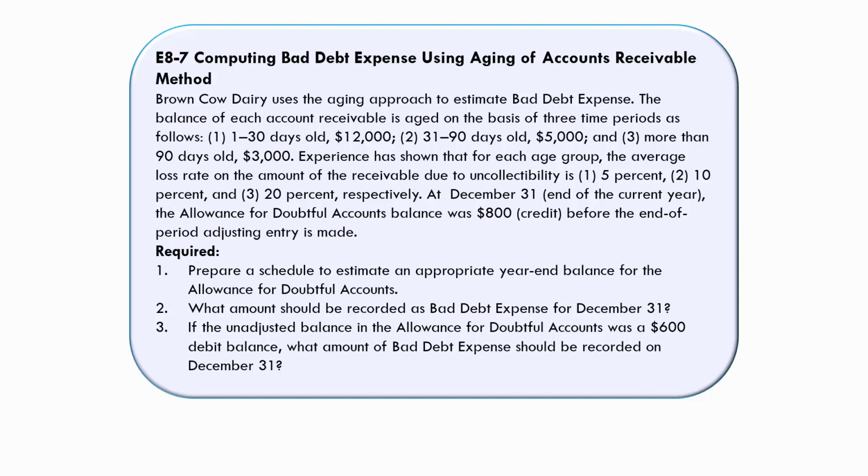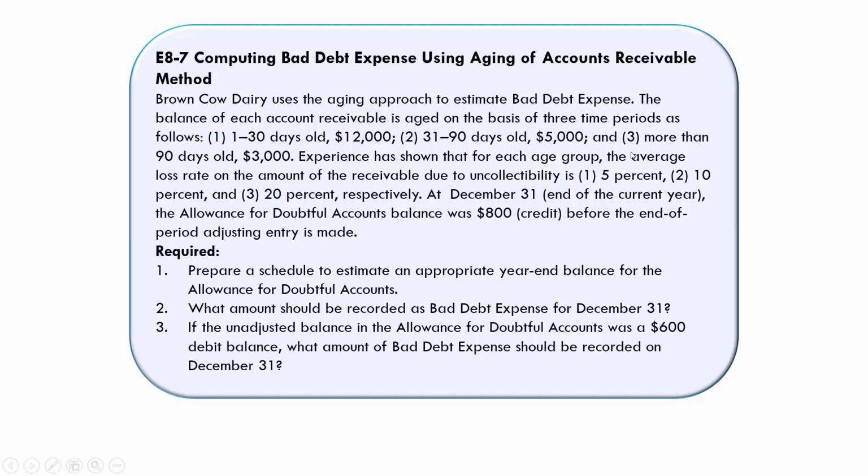The whole point here is you want to come up with a methodology that really reflects what's happening for your business. So you're coming up with these percentages and you're using the buckets to scientifically come up with the best estimate of what's going to be uncollectible. This company says it's okay for them to put 31 to 90 days in one bucket and they get good results, so that's the way they're doing it.